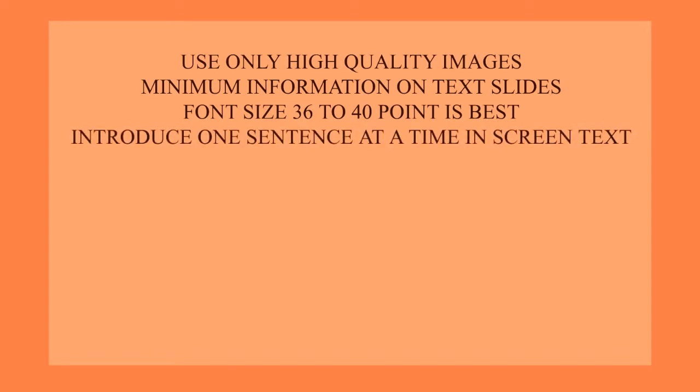It is preferable to introduce sentences one at a time in a series of slides to minimise time spent by the audience reading. They are there to hear you, not read the screen.